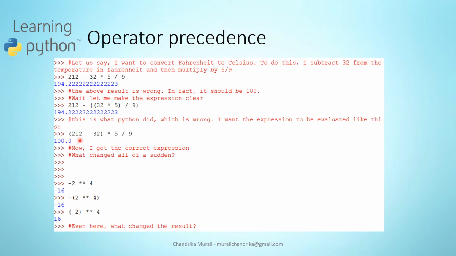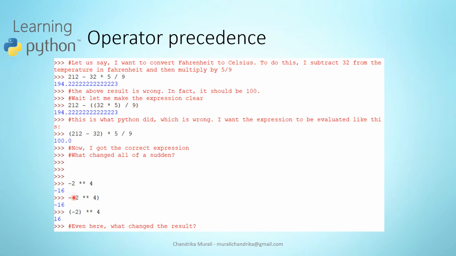I am giving a clear instruction to Python to do this operation first. Otherwise, Python understands it in its own way. There are some operations which have higher precedence than some other operations, which will execute first. So we have to be clear and specific while giving instructions to Python.